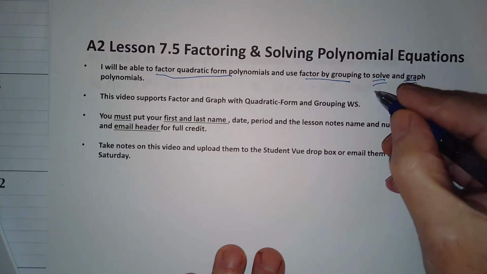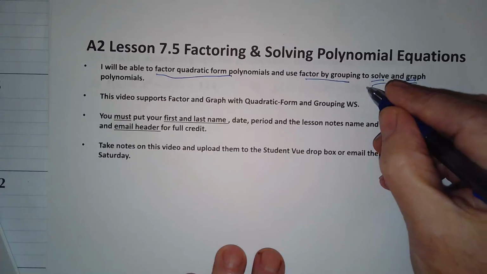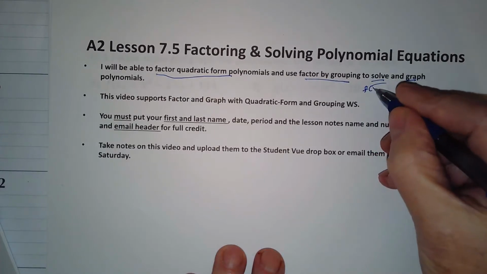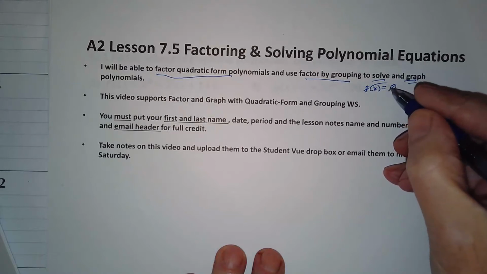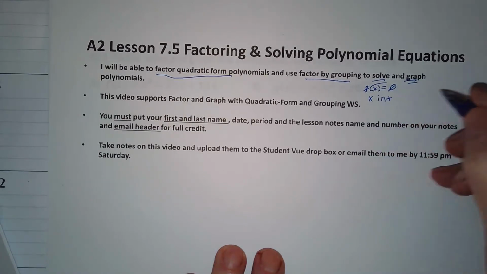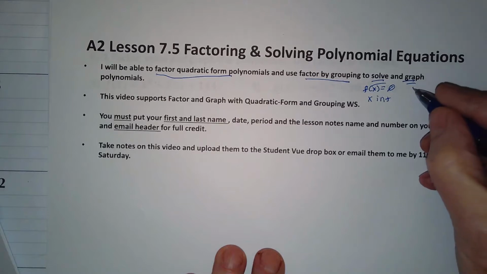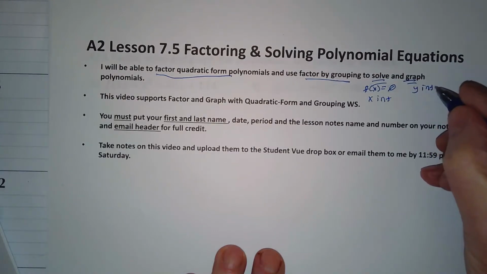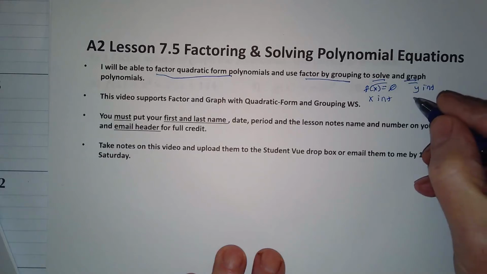So to solve and graph these, we're going to want to find the x-intercept. So that's when f of x equals 0, we're finding our x-intercept, okay? And then we're also going to be looking for the y-intercept. And the y-intercept is going to be what y is when x equals 0.